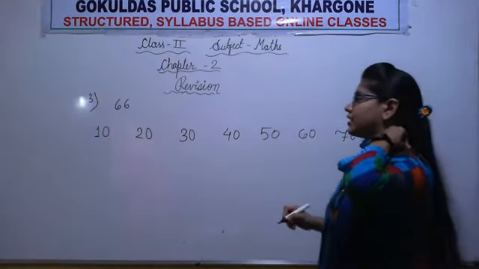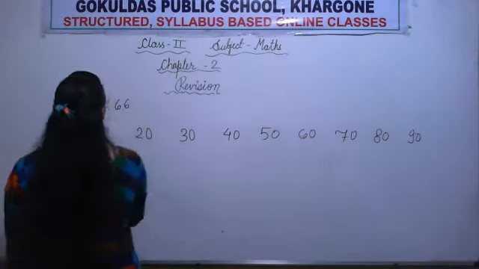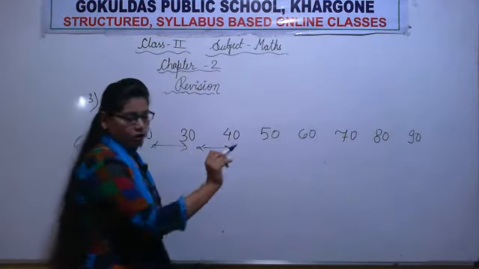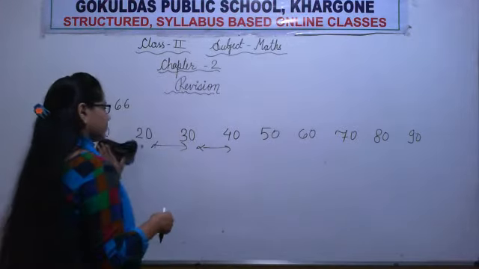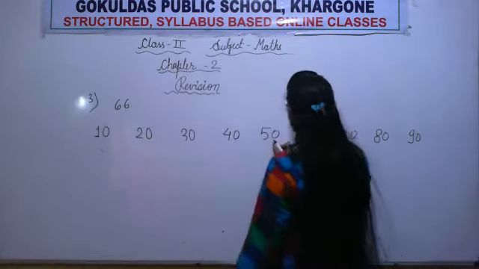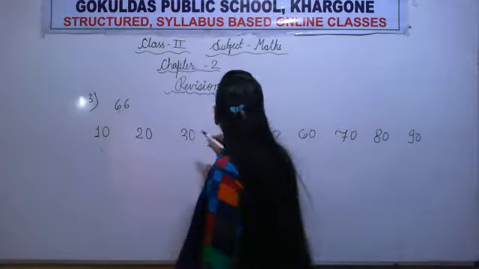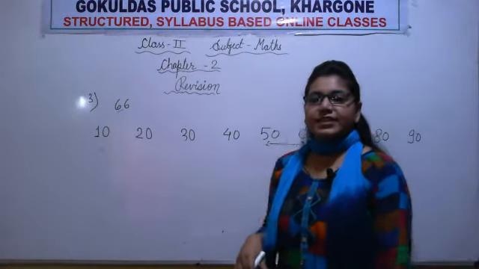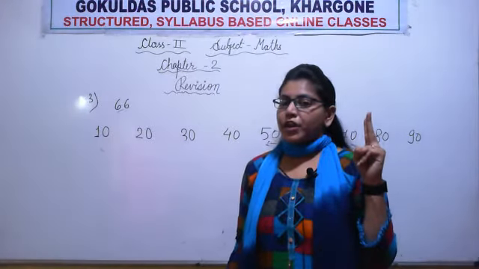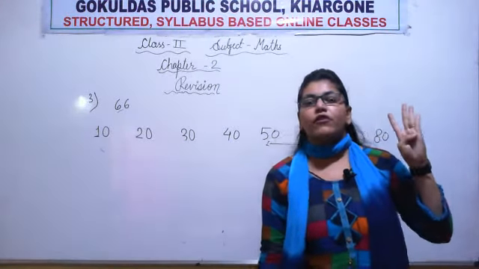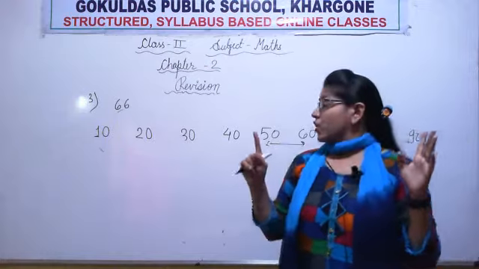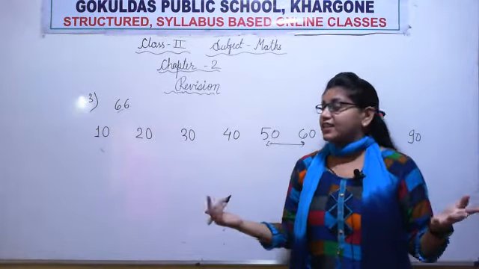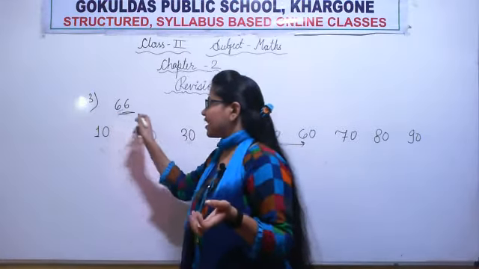Now let's see where this 66 lies. Not between these two. Here also not. See, 6 is written there, so let's check from here to here. 51, 52, 53, 54, 55, 56, 57, 58, 59 and 60. 66 didn't come.